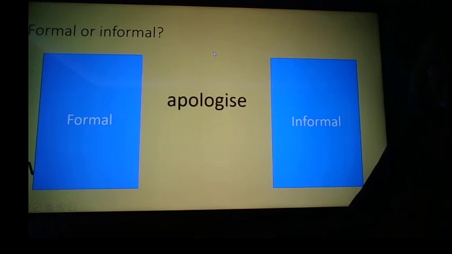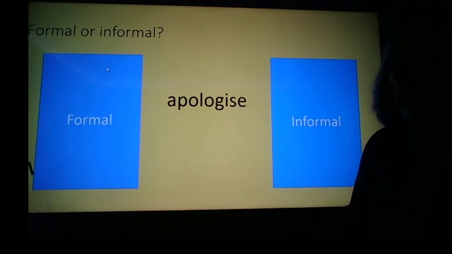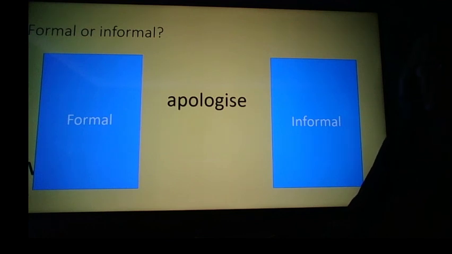So apologise. Is apologise formal or informal? Sometimes I will say this. Yes, you're right, Ezra. Receive is formal. That's good. What about apologise? I say this a lot.